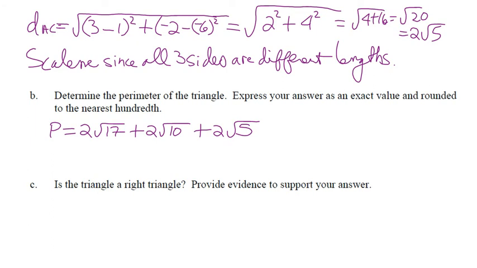So what does that add up to? You can't simplify, right? There are no like radicals. But we want a value rounded to the nearest hundredth, so you can work it out. What does it work out to?